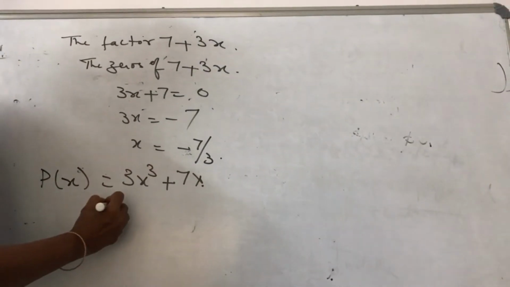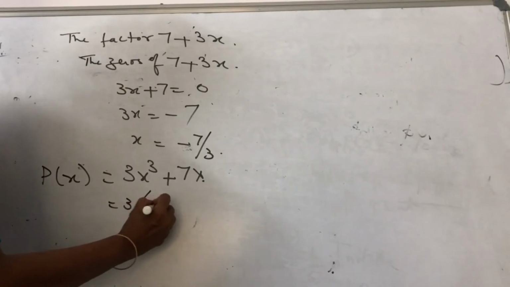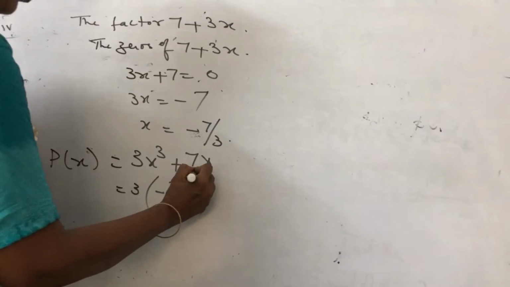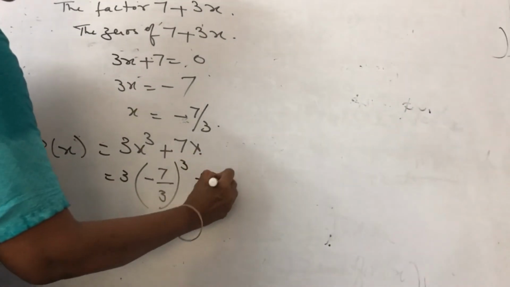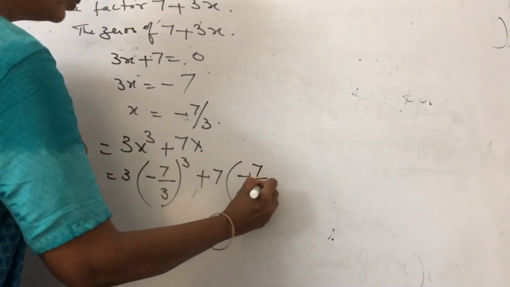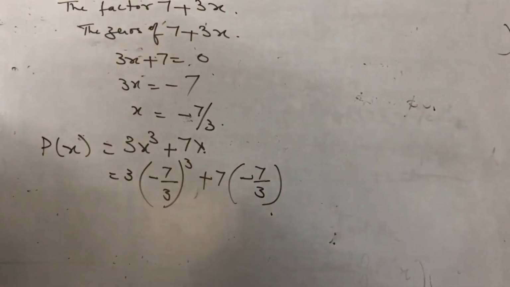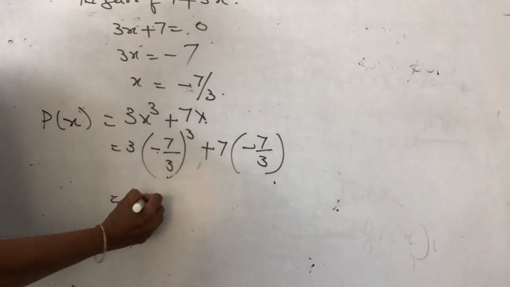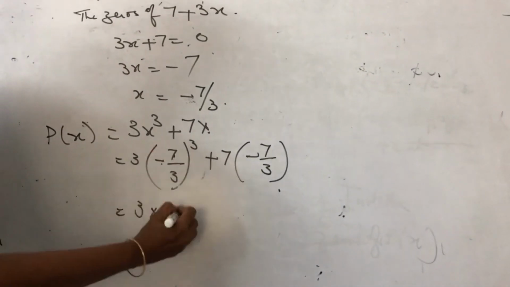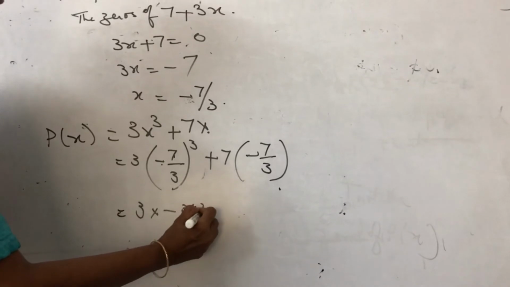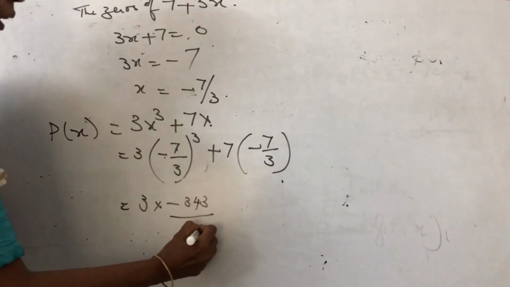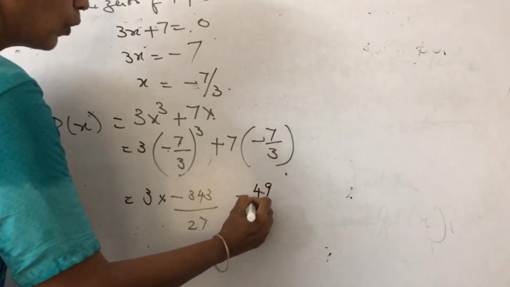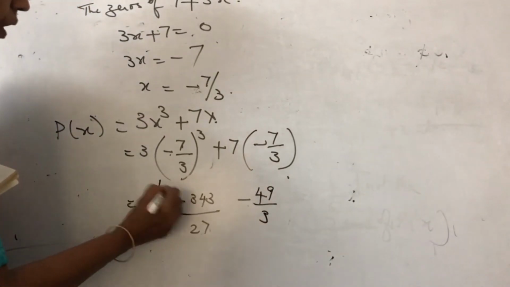3x cube plus 7x. x value, minus 7 by 3 the whole cube plus 7 into minus 7 by 3. All of you know the cubing, children. Negative number, odd power, negative. 7 cube, 343. 3 cube, 27. Plus into minus, minus 49 by 3. Cancellation is possible.